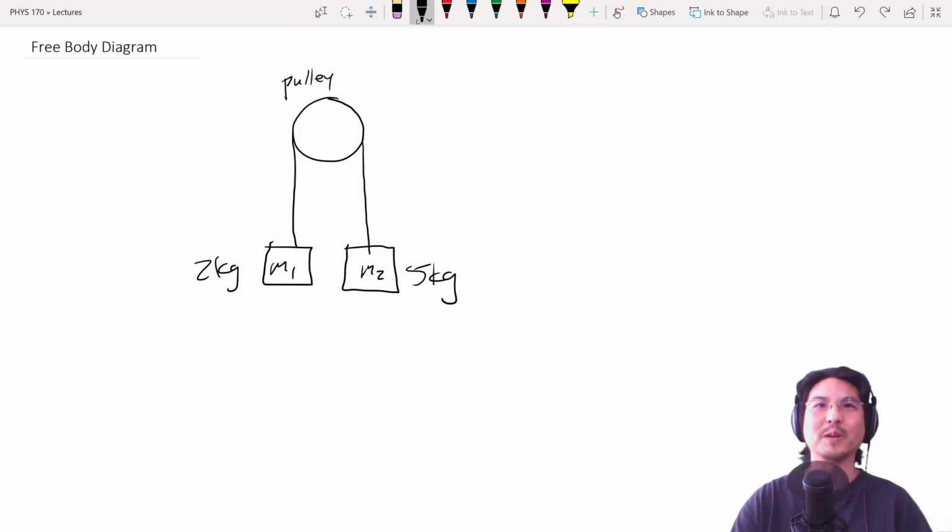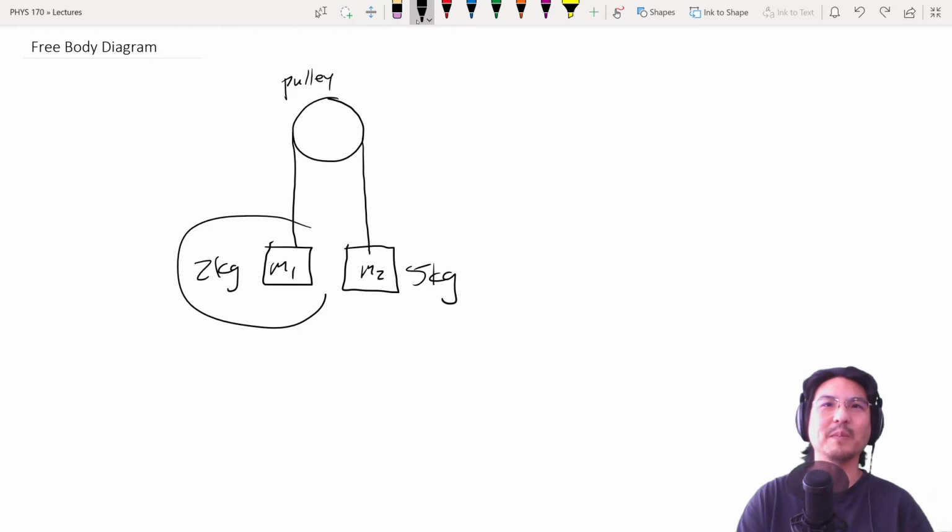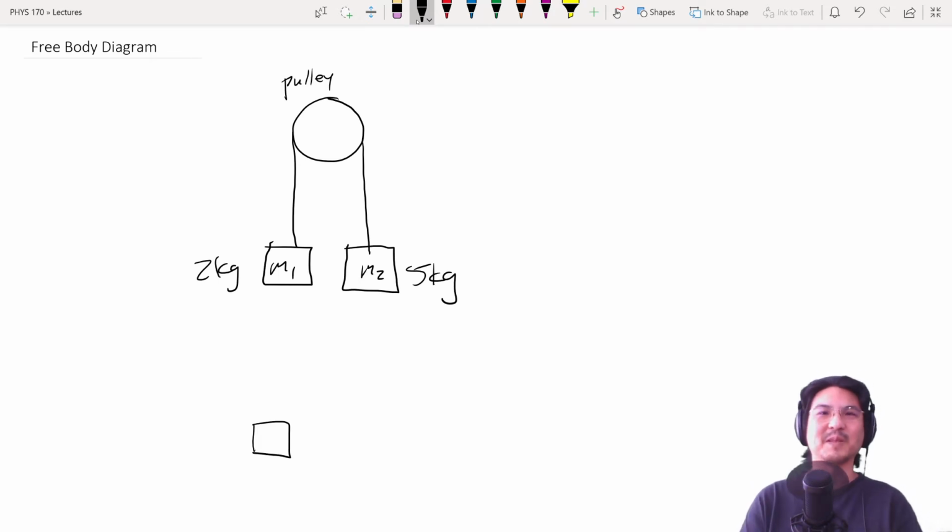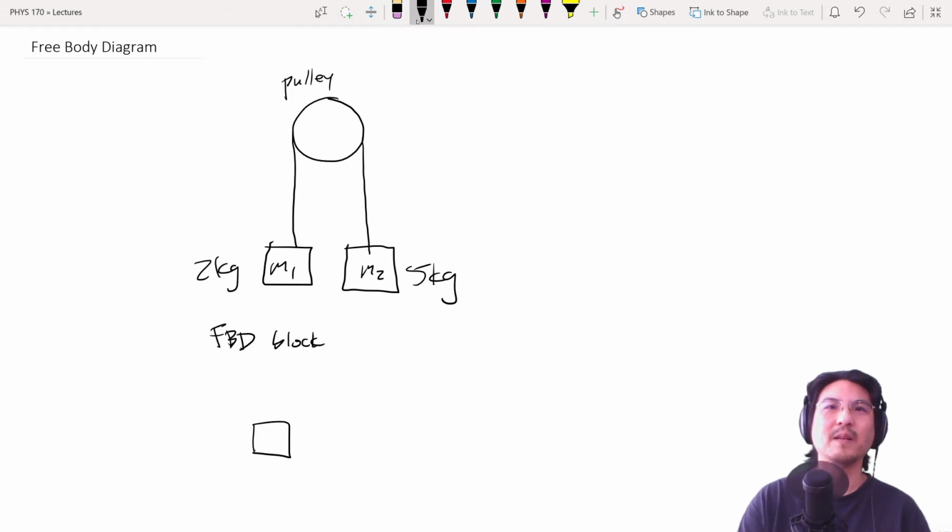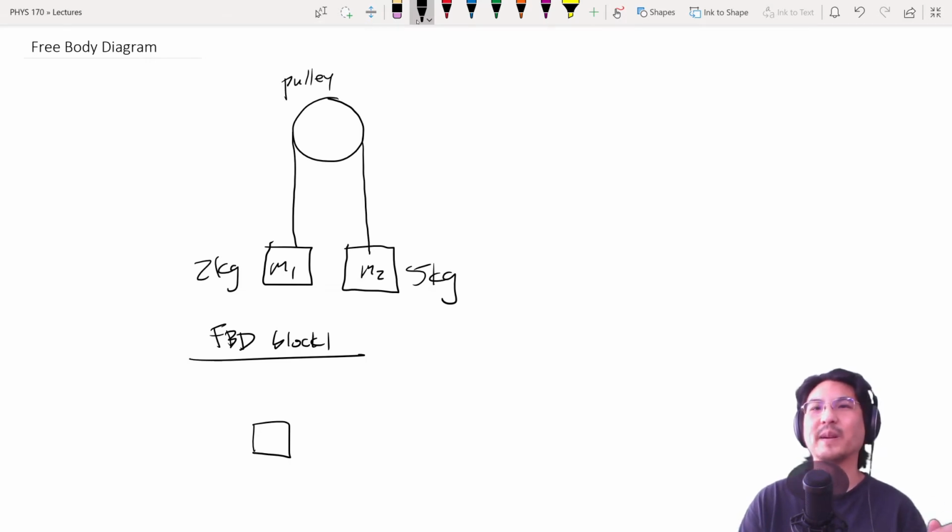So it starts with a free body diagram. So you take this block and you draw it free of its surroundings. So this is the free body diagram for block 1. Free of its surroundings. And you draw all the forces acting on the block as vectors.